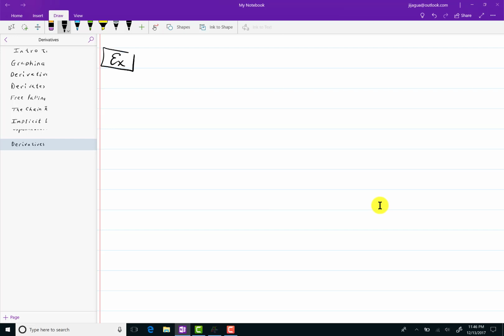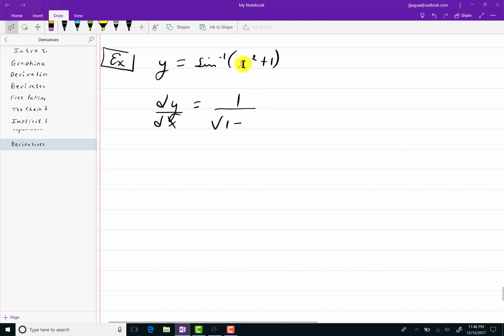Let's try y equals arcsine of x squared plus 1. Well, the derivative of arcsine is 1 over the square root of 1 minus x squared. But instead of x being squared, I'm going to put the entire x squared plus 1 inside of that box. So I'll have x squared plus 1 squared.